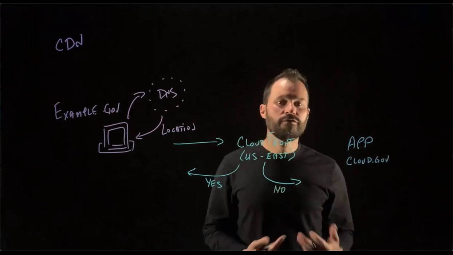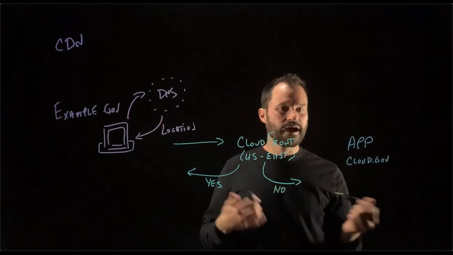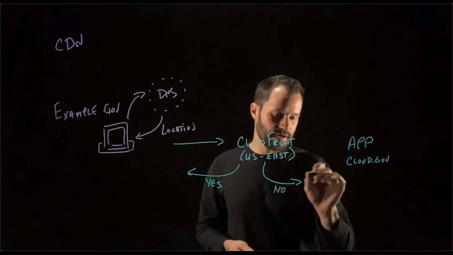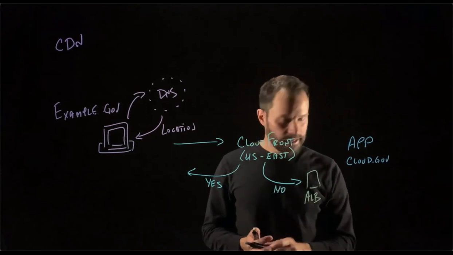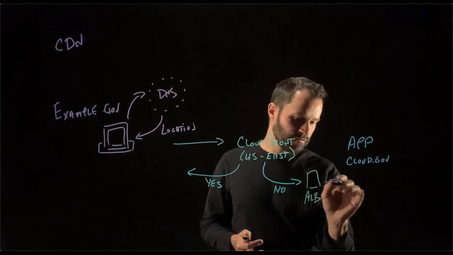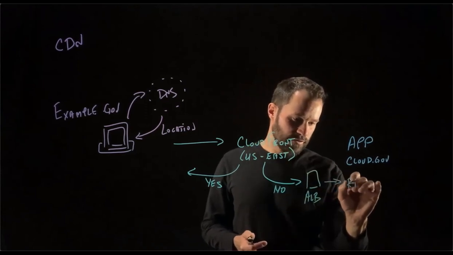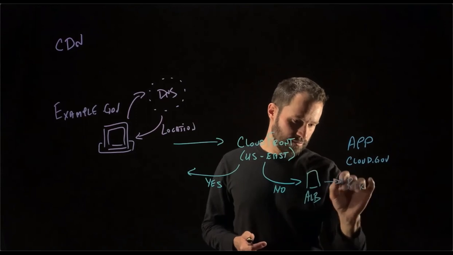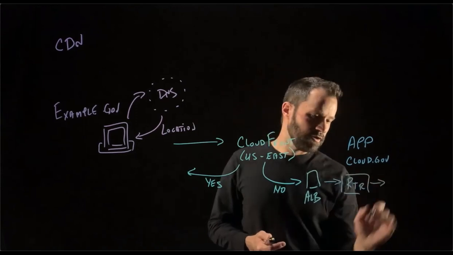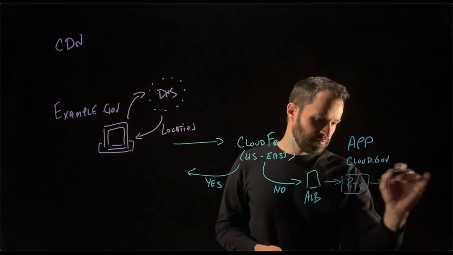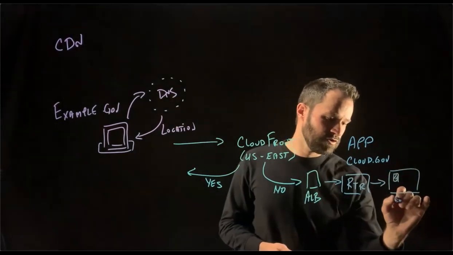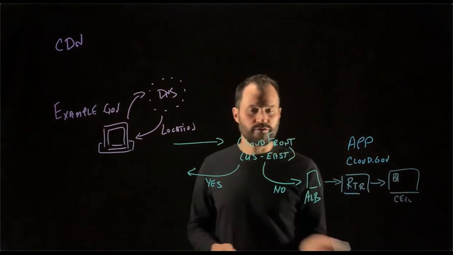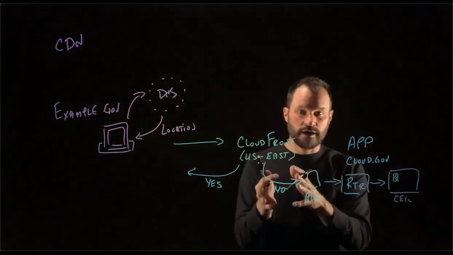Now the flow of how traffic gets there is exactly the same as what we drew before. You're actually going to go through an ALB. That ALB is going to actually go through the Cloud Foundry routers. Cloud Foundry routers are actually going to route you to your specific application, somewhere running in some container execution engine called a cell, and respond to the CloudFront cache.